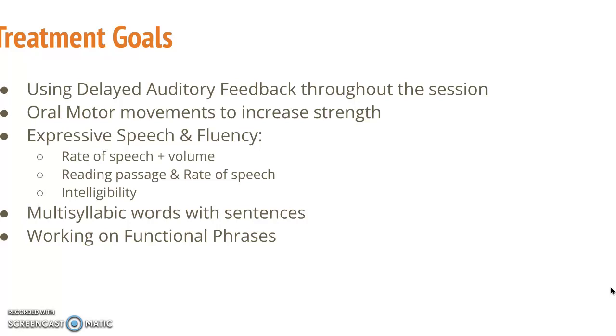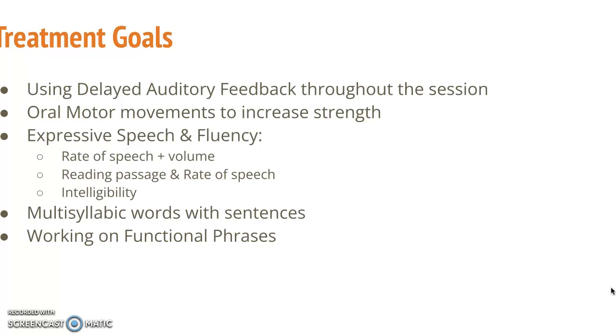We also work on incorporating some vocalizations, vowelizations into some of these exercises, such as oo, e, to increase range of motion. We also work on expressive speech and fluency.